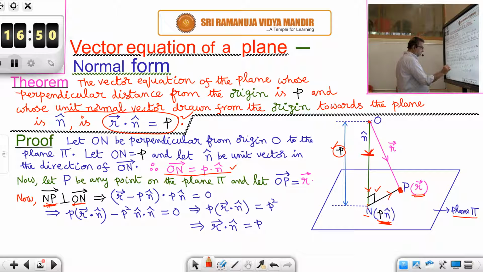So R bar minus P n cap is NP bar, dot ON bar. ON bar is the position vector of N only, is it not? In the bracket, P n cap. Okay. So because these two vectors are perpendicular, the dot product will be equal to 0. Now the dot product is distributive, so distribute it.